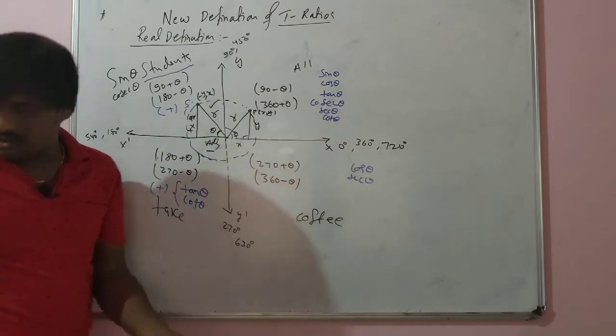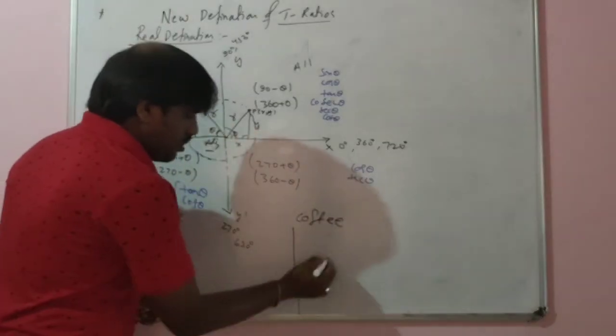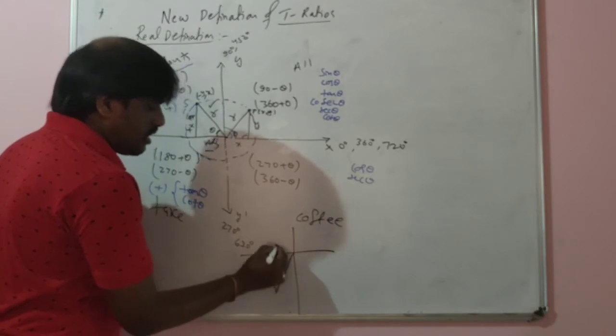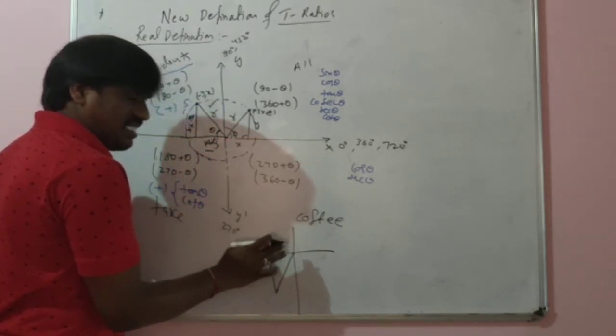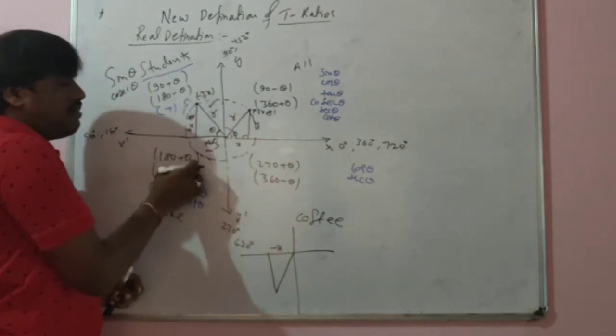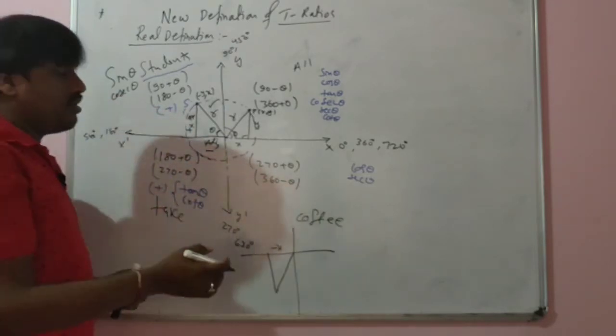In the same way you can go for the fourth quadrant also. Here also you can take a right angle triangle. This will be negative, and this will be negative. I am not speaking of x and y, because the reflection comes into it, and people would think I am speaking wrongly.